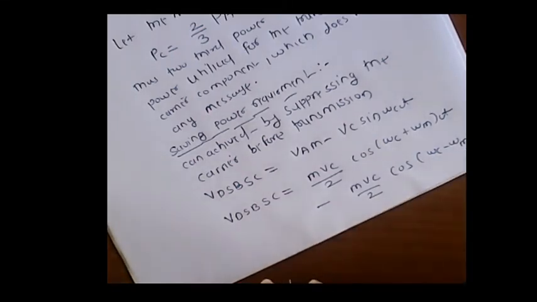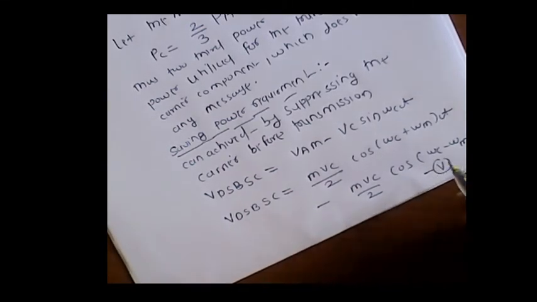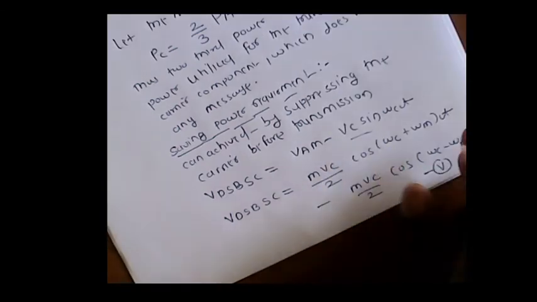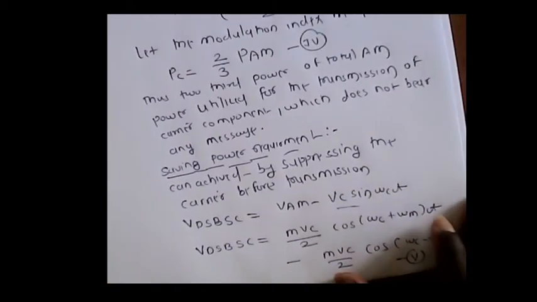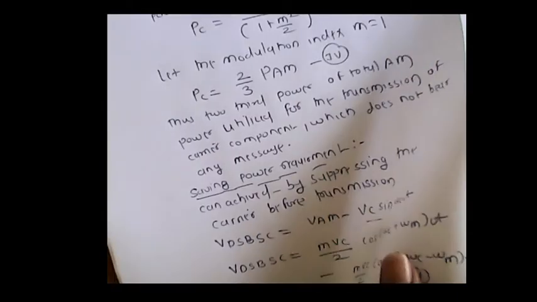When we observe this equation number 5, we have removed the carrier component. So by using the double sideband suppressed carrier, we can save the power. So this question will be asked, what is the need of double sideband suppressed carrier?